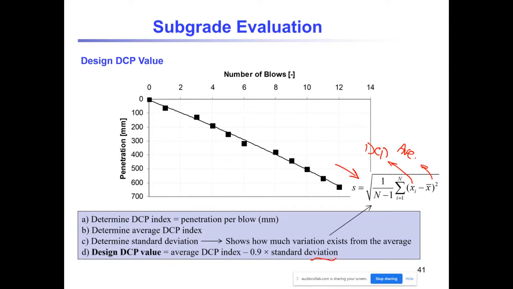As I mentioned, this standard deviation represents the error in the system. So a higher level of error in the system means that you need to consider a lower value of DCP. So this is a very straightforward procedure to determine the DCP. It is the average DCP minus a weighted error.